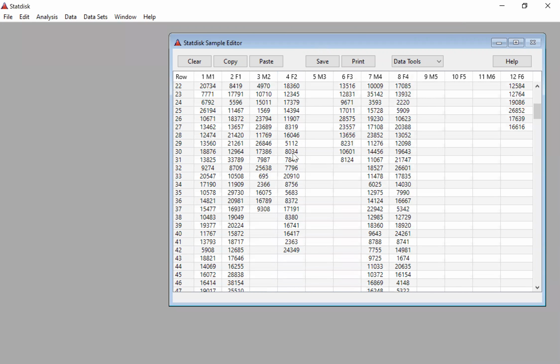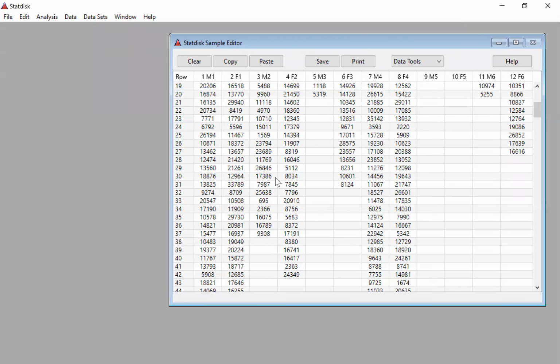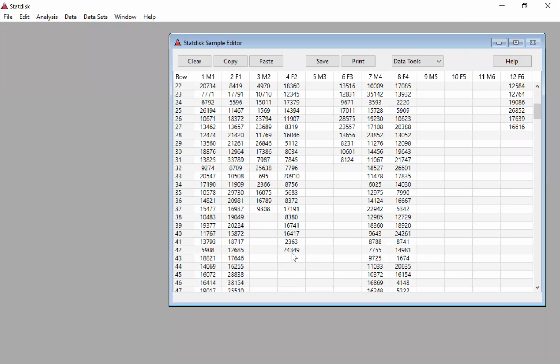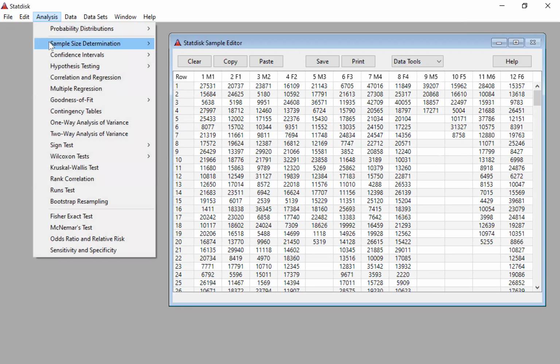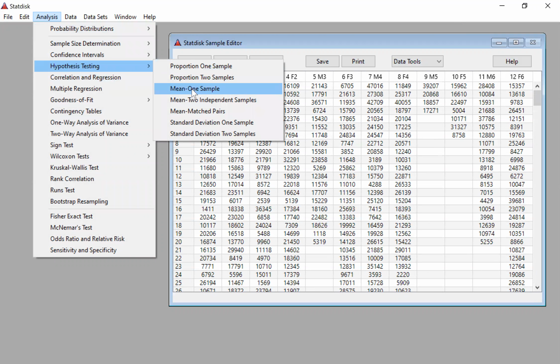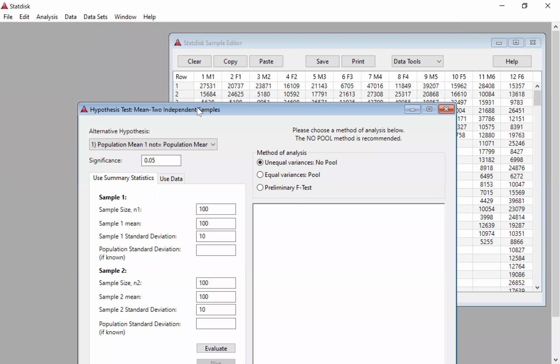Well, let's take a look. Well, first off, what we see here is if we scroll down, column 3 and column 4 have different sample sizes. So this can't be matched pairs. Also, in what they told us in the setup of the problem, they gave no indication that man number 1 in column 3 has anything at all to do with woman number 1 in column 4. So there's no reason to believe that these are matched pairs, so independent samples.